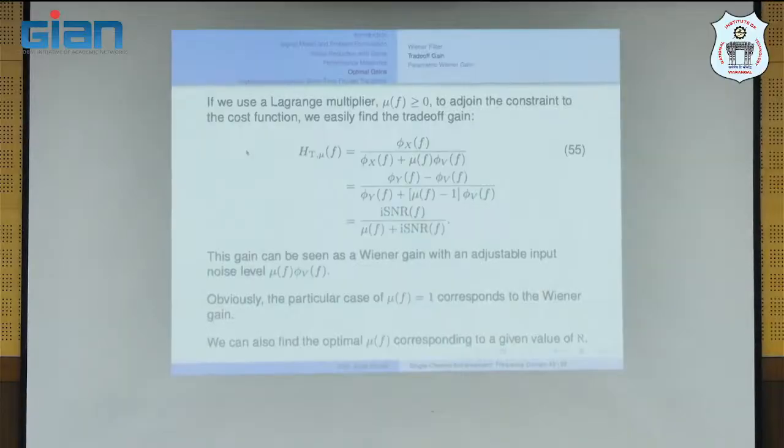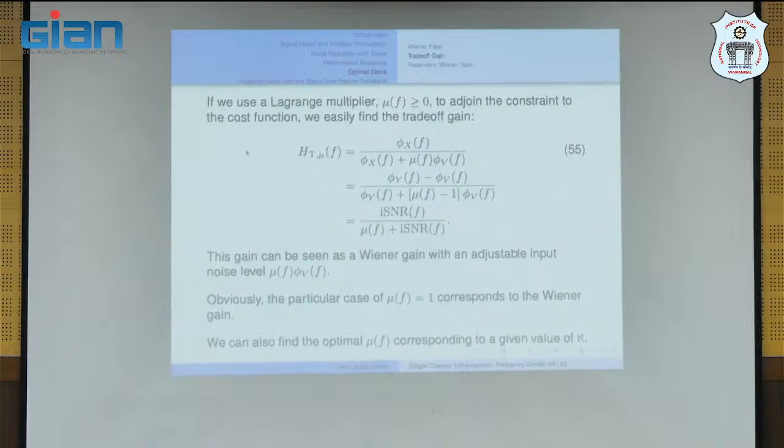And so here we get, you see, it's equivalent to multiplying the variance of V with the parameter mu. So if mu is larger than 1, it means that we give more weight to the variance of the noise. It means that if mu is larger than 1 in that frequency, we will reduce more noise.